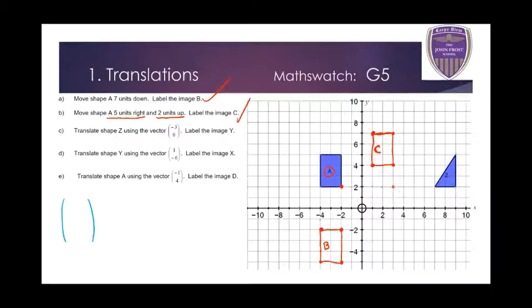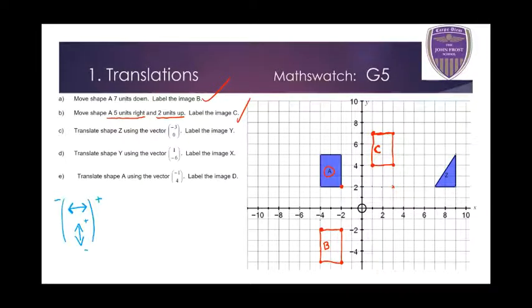Now the number on the top tells us whether we go to the left or to the right, okay? If it's positive, we go to the right, and if it's negative, we go to the left, okay? And the bottom number tells us whether we go up or down, okay? If it's positive, we go up, and if it's negative, we go down.